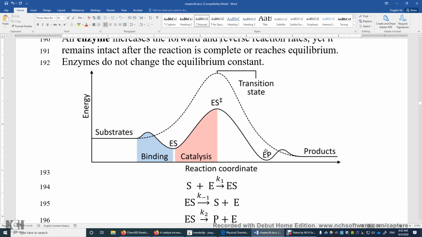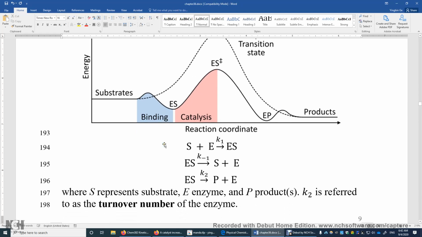The EP complex can overcome a really small energy barrier to form the product and release this enzyme, E. And that enzyme can again bind with a substrate to form the ES complex, going over this lower barrier to form the product in the end.